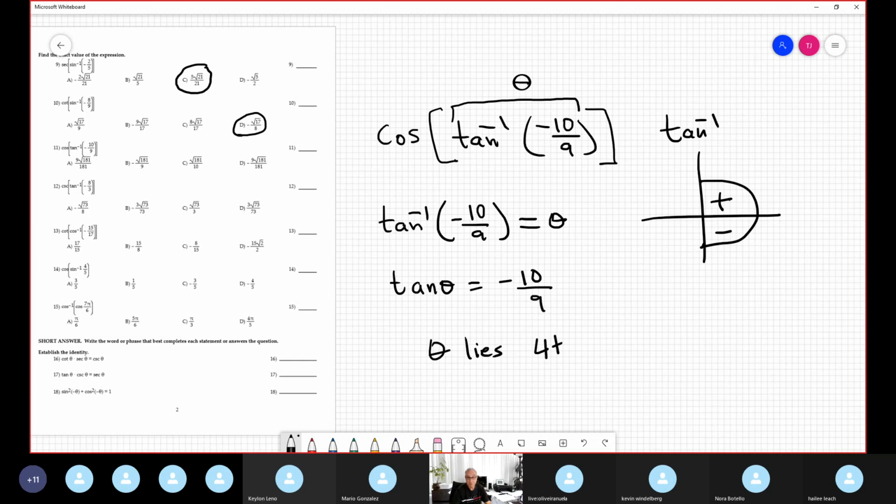Very well. Keep in mind, cosine of any angle in the fourth quadrant is positive or negative? Positive. Exactly, positive. Then the final answer that we expect is positive, right?